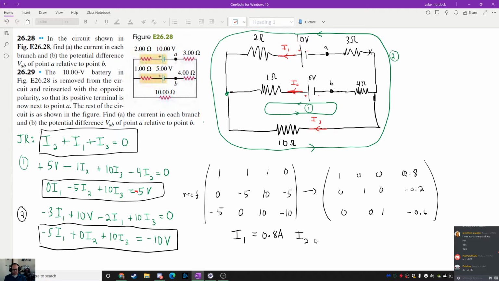I2 is negative 0.2 amps. Don't worry that it's negative, that's totally fine. We knew that at least one of these had to be negative. There we go, nice, simple, round numbers, because this is a problem from a textbook, so of course the numbers are nice and round like this.